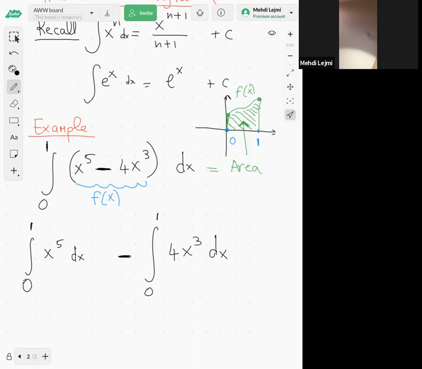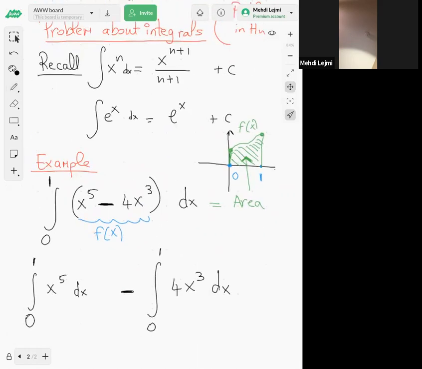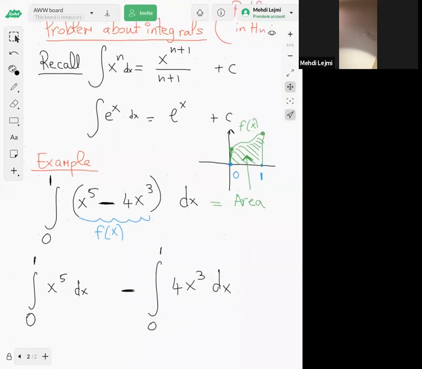What's the antiderivative or the integral of x to the power 5? This is like the integral of x to the power n. Here, we're not talking about the derivative; the derivative of x to the power n would be n x to the power n minus 1. Here we're talking about the integral, which is x to the power n plus 1 over n plus 1.